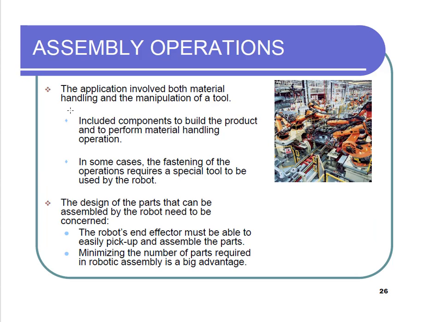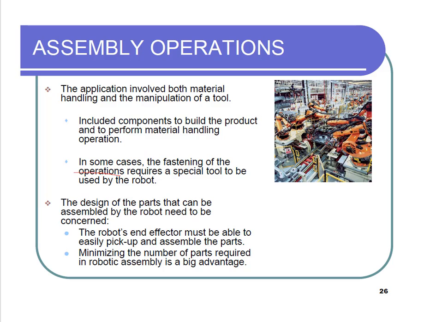The third operation or function of a robot is the assembly operation, whereby the assembly operation is an application involving both material handling and the manipulation of a tool. It includes components to build the product and to perform material handling operations. In some cases, the fastening operation requires a special tool to be used by the robot.